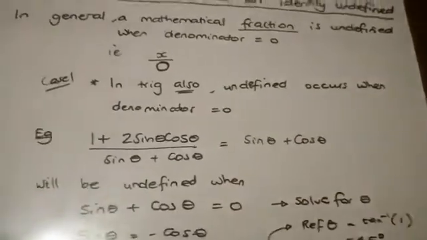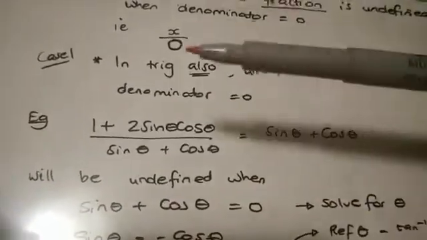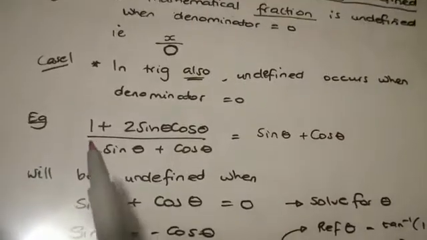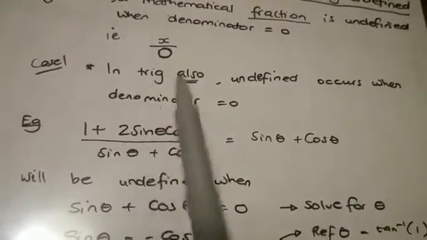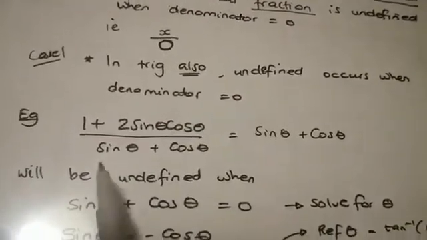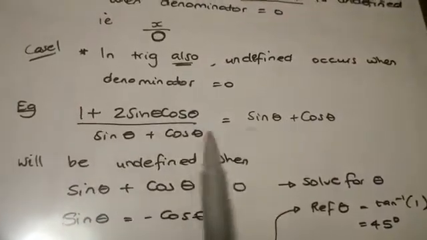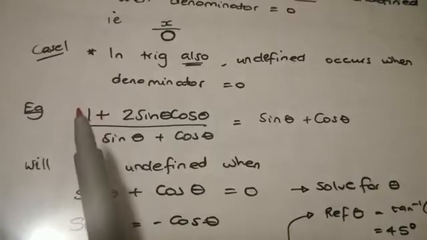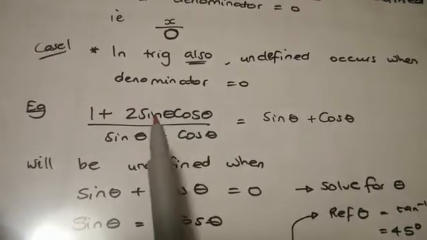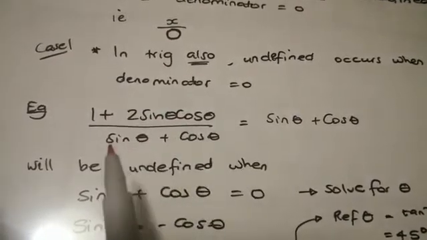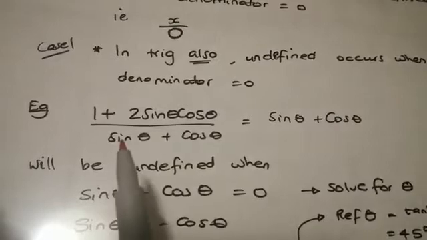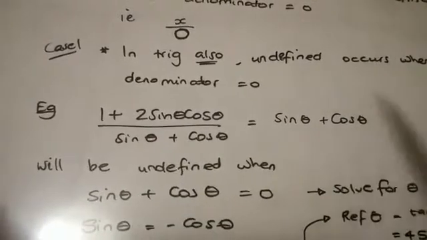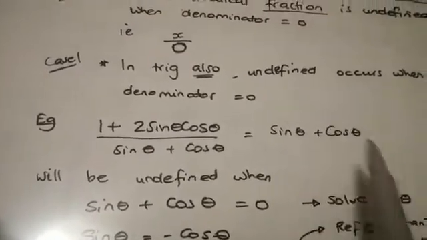Okay, so we've got two cases. Case number one is where it is just defined by the denominator being equal to 0. An example is this one, where we've got 1 plus 2 sine theta cos theta over sine theta plus cos theta, which is equal to this. So this is an identity.